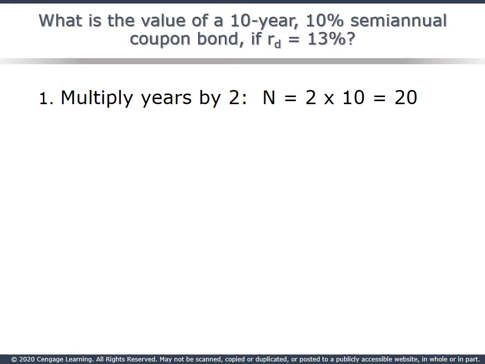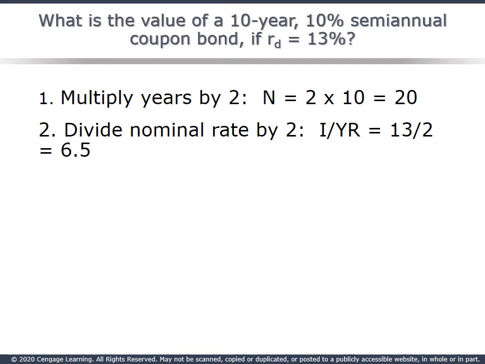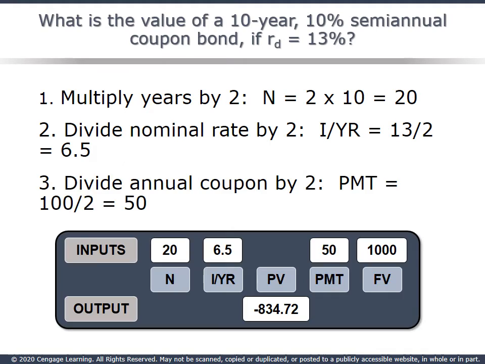We'll have 20 6-month periods. Our yield to maturity will be 13% divided by 2, or 6.5%. That will be our input for our I divided by Y key on our financial calculators.